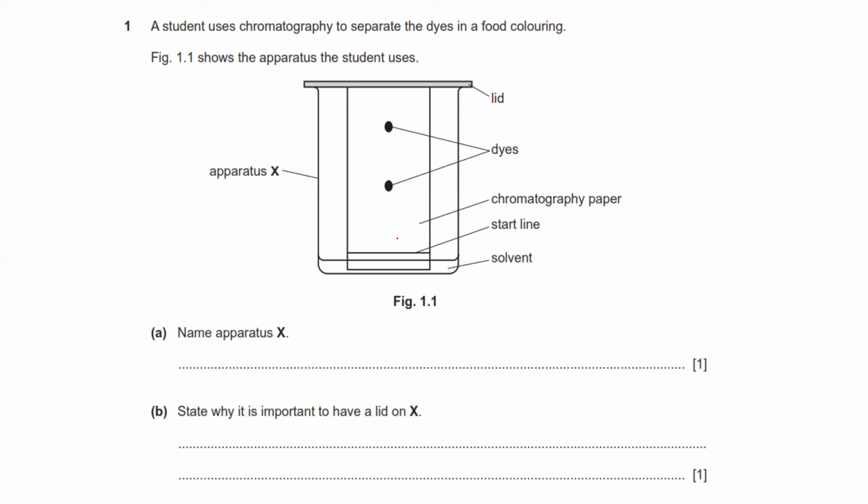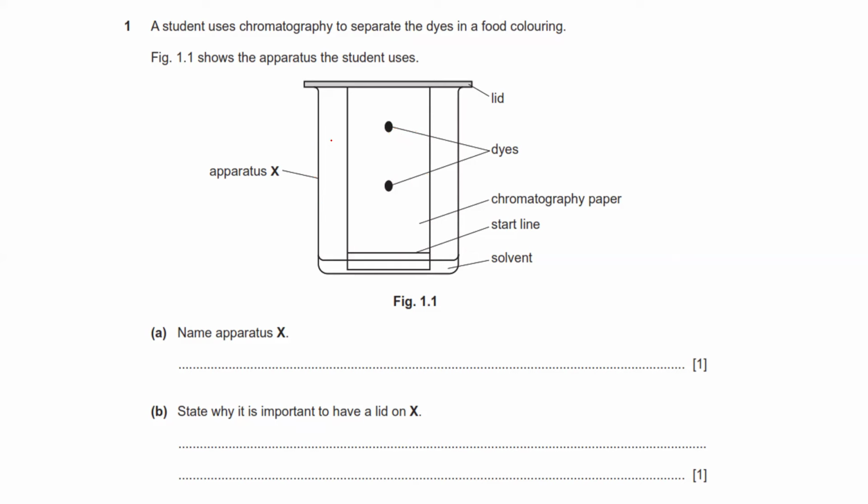There is a solvent, and since the paper is immersed in the solvent, the solvent is rising up the chromatography paper, and the dyes are separated inside this chromatography paper, and the spots are visible for us. So, name the apparatus X.